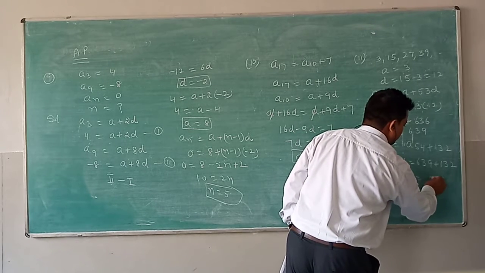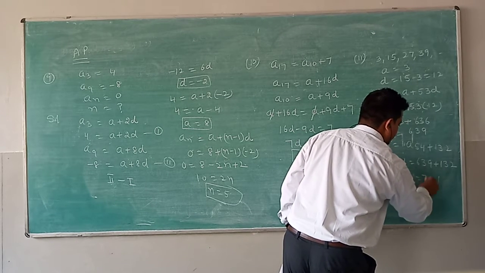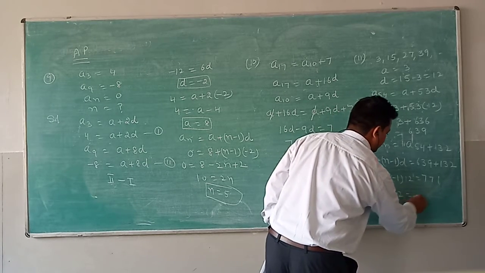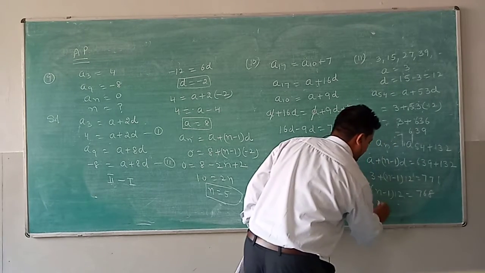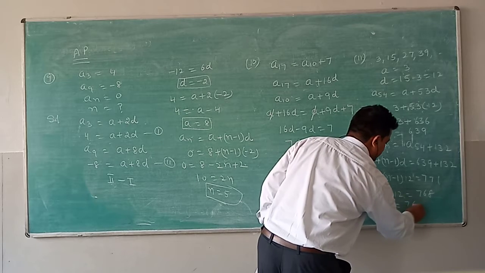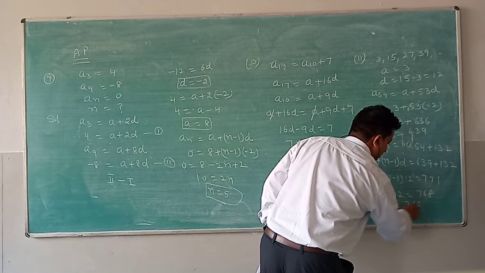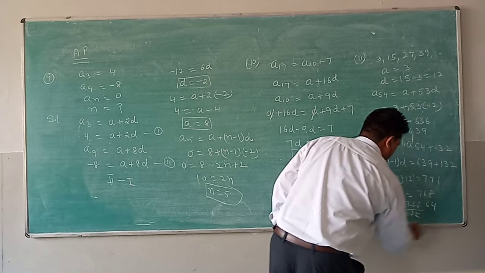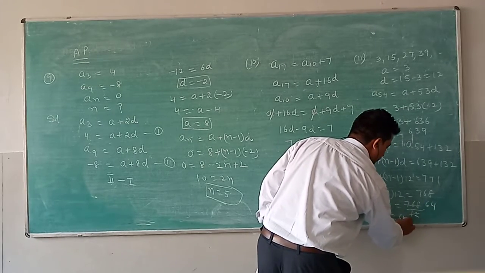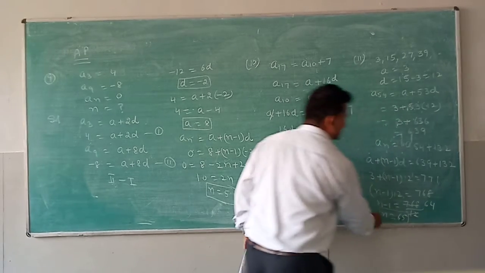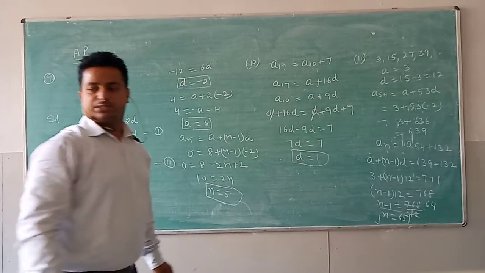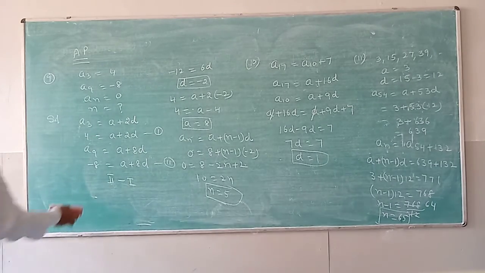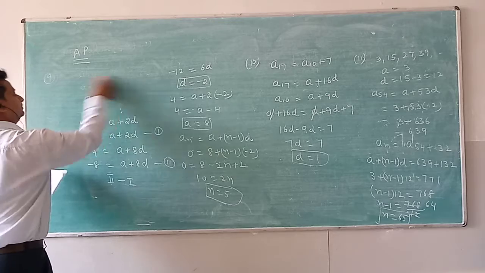So n minus 1 into 12 equals 768. n minus 1 is 768 by 12, which is 64. So n is equal to 65. So the 65th term of this AP is 132 more than its 54th term.